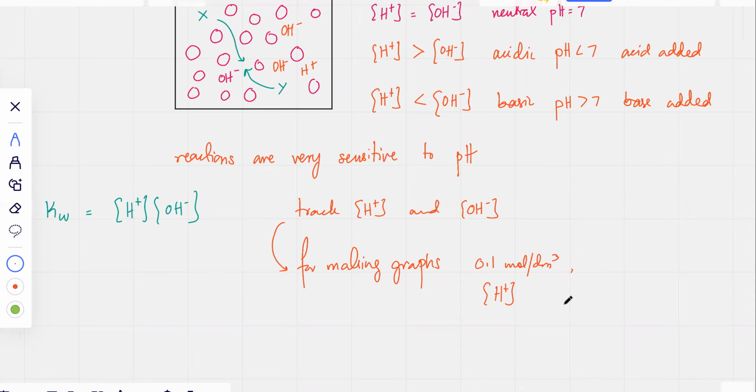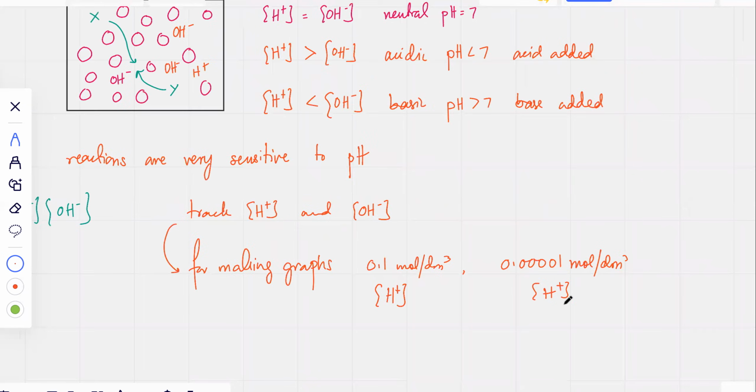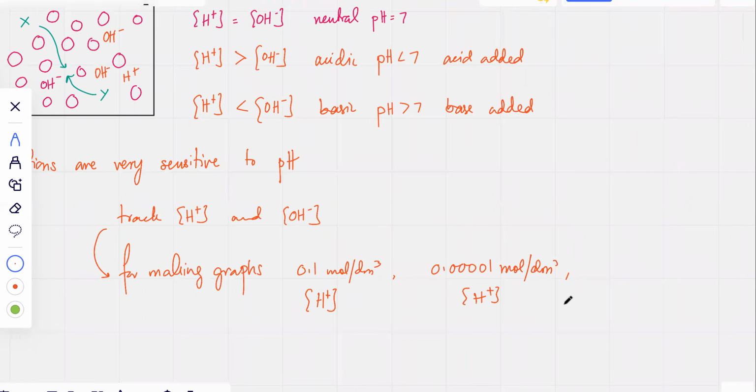After 15 days, he checks the pH, and it now comes out to be 0.0001 mole per dm cube, right? That's the concentration of H plus ions. Then after a month, he checks and it now comes out to be 0.01 mole per dm cube, right? So he's trying to track the pH, the concentration of H plus ions.